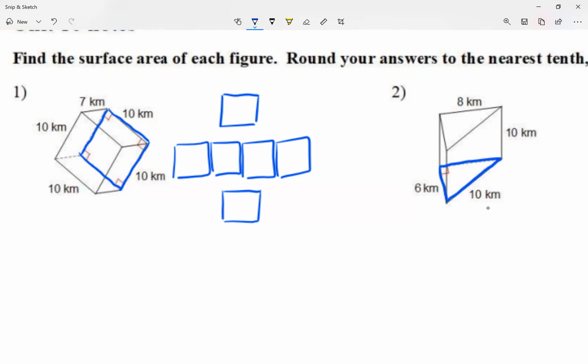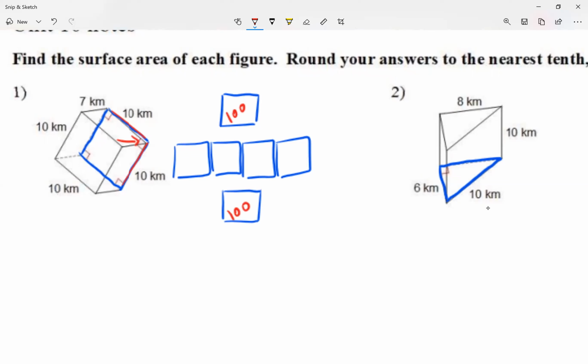All right, so let's get to work on this. The base is a rectangle, a square, 10 by 10. A square is a rectangle. For rectangles, I look for a 90-degree angle, and it's made by 10 and 10. So I just go 10 times 10, and it gives me 100.